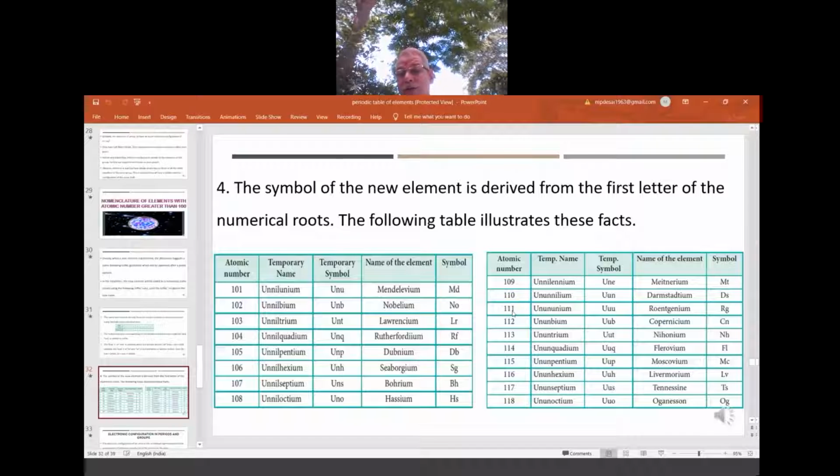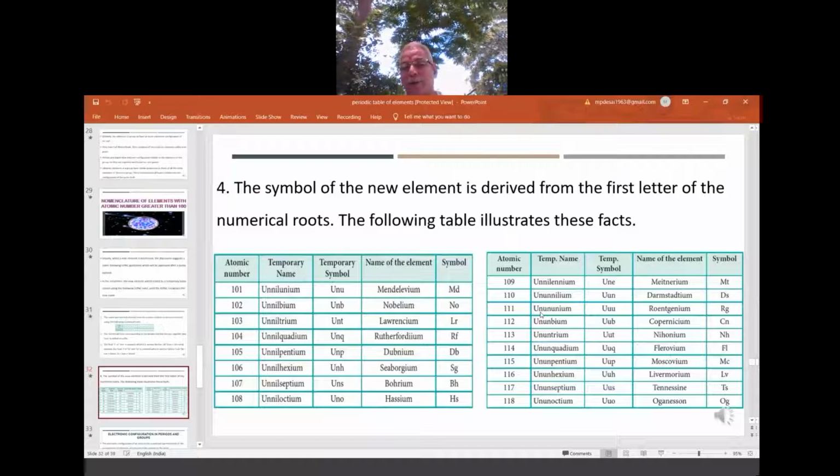Now for 111, 1 un, again un, and at the end, IUM: unununium.